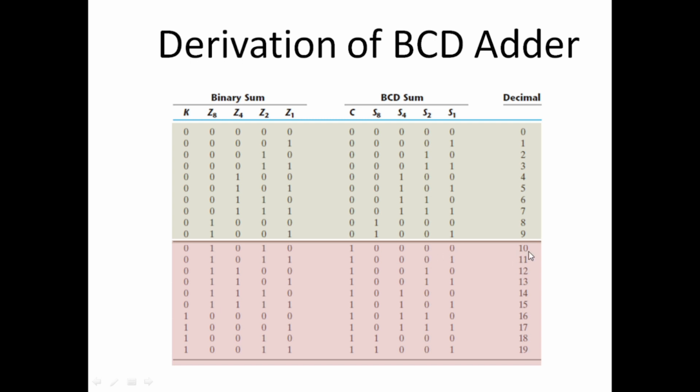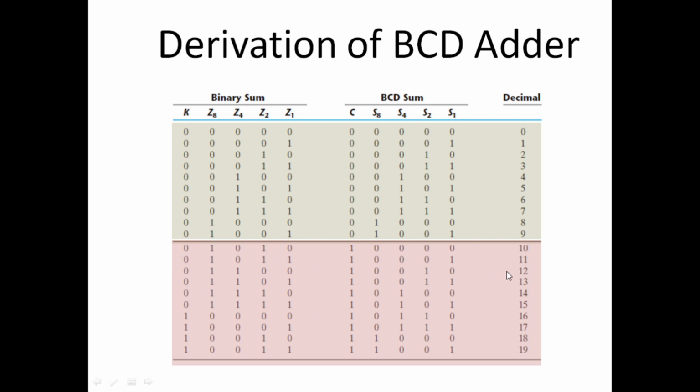For example, let's suppose the input numbers are 3 and 7, then the output would be 10 in decimal. 10 in decimal can be represented in binary as 0, 1, 0, 1, 0, but 10 in BCD is represented as 1, 0, 0, where this 0 is in the 4-bit group and this 1 is the carry. So 10 represented in BCD is different than in binary, and the same is the case for all other numbers.